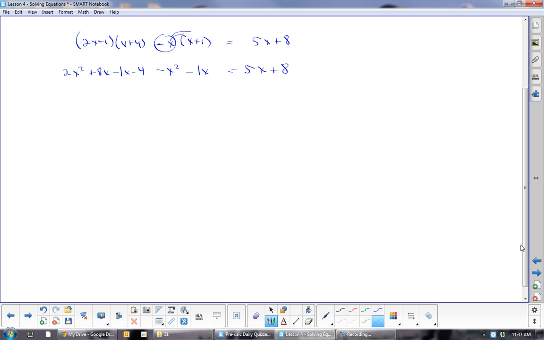So we can group on the left, because I got a 2x squared minus x squared, which is 1x squared. The 8x minus 1x is plus 7x minus 4 equals 5x plus 8.